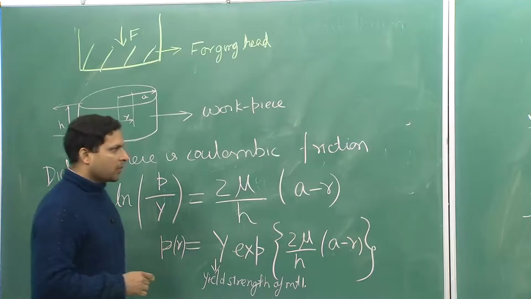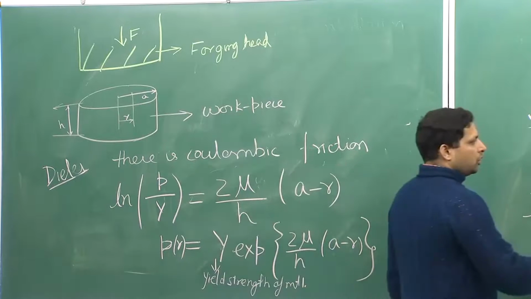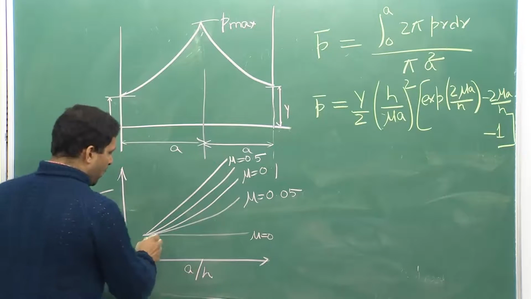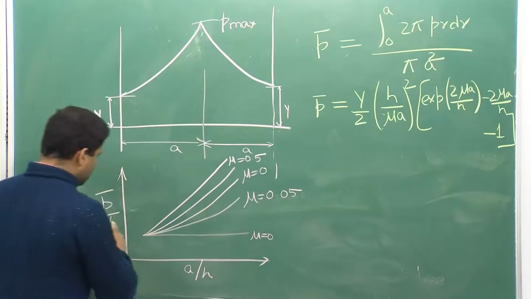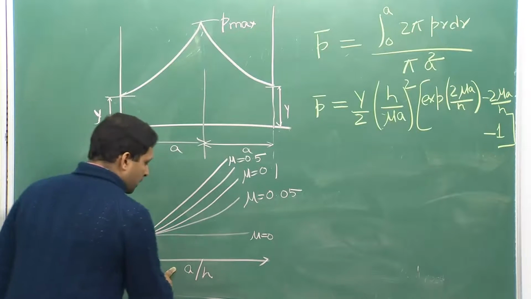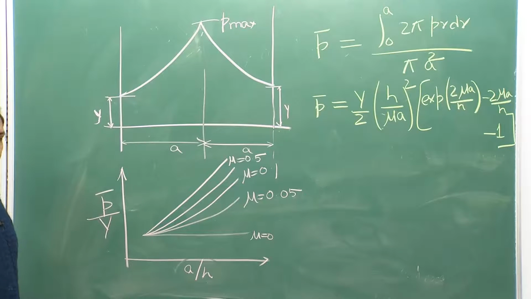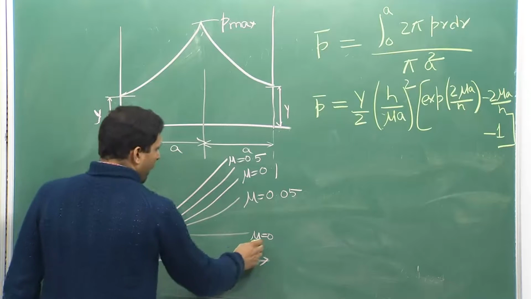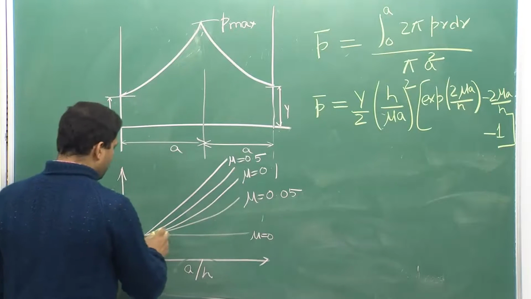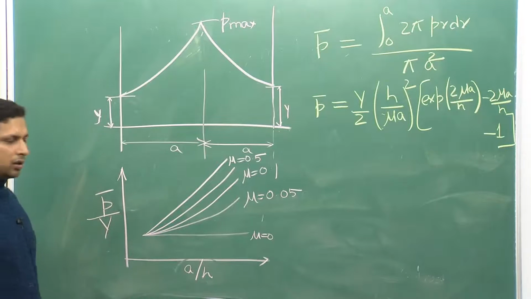Second, what you see here is that again when mu is equal to 0, the pressure variation does not depend on the ratio of A over H. However, as the friction increases, your pressure variation changes.